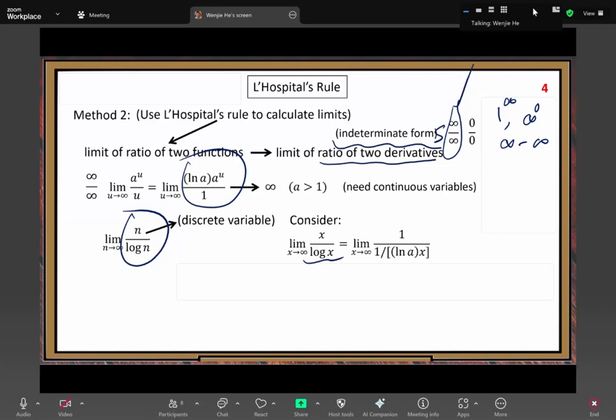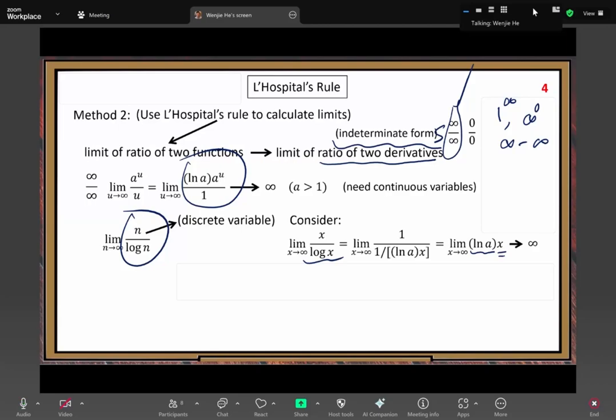After we take the derivative and simplify, the constant, natural log of a, is a positive constant. Then multiply by the variable x. As x goes to infinity, the whole thing goes to infinity. So the ratio goes to infinity.